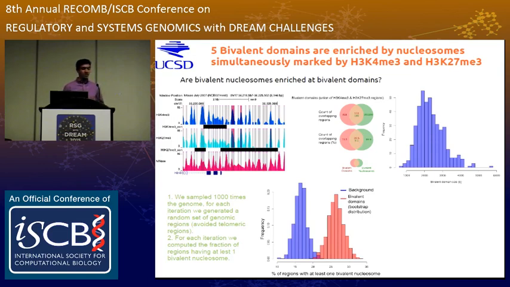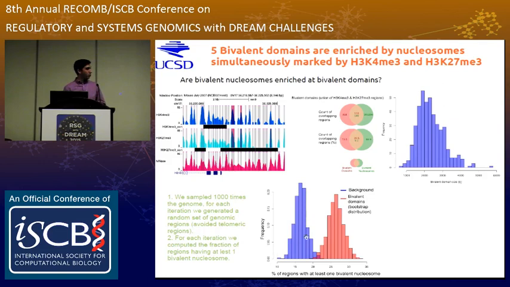To test this, we sampled the genome 1,000 times. For each sample, we generated a distribution of bivalent domains randomly picked on the genome, having the same distribution as the observed bivalent domains. And for each one of those iterations, we counted the proportion of bivalent domains that contain at least one bivalent nucleosome.